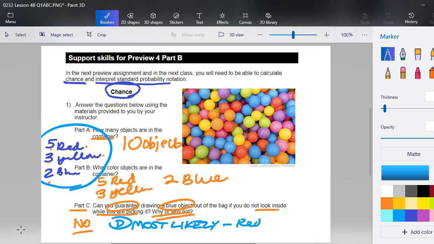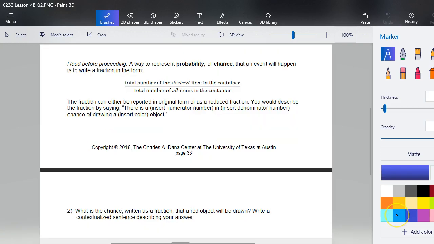That means red, because there are more red objects in the bag than any other. So it's still not a guarantee, but it's more likely that you will draw red than yellow or blue. And then it finishes the sentence, if you're not looking: why? Well, there are more of them in the bag than the yellow or blue colors.